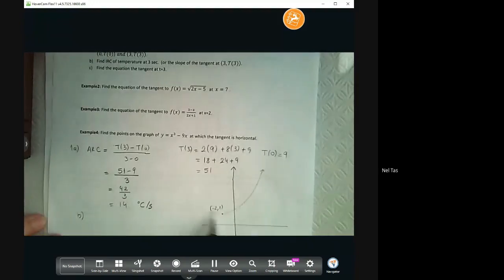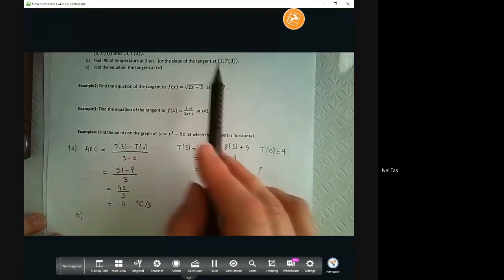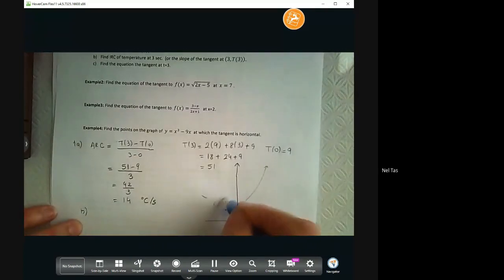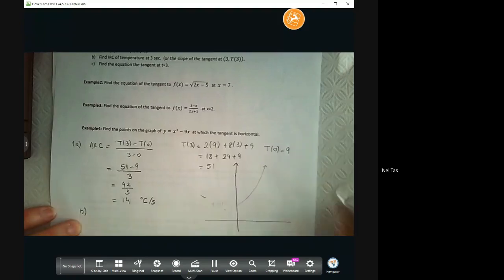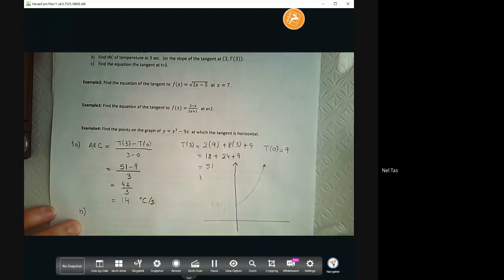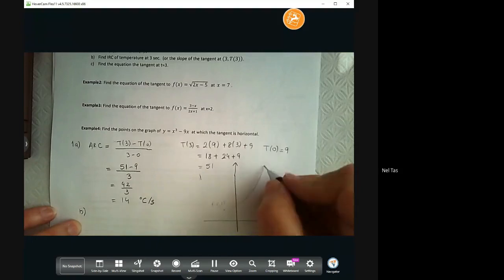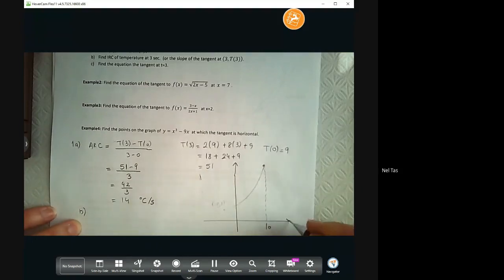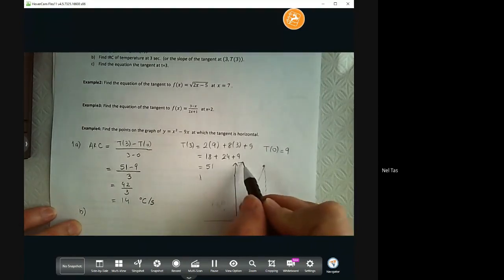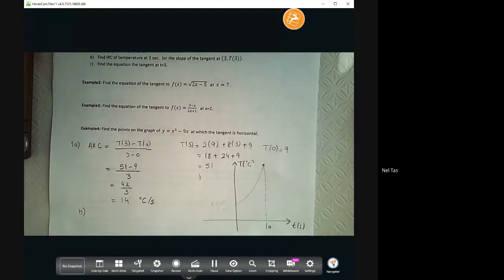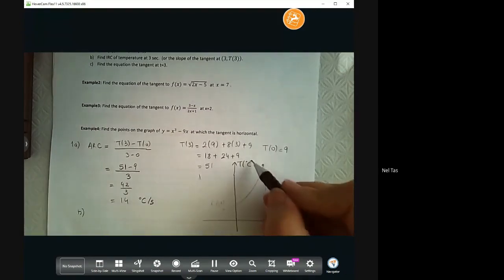And of course, you have the left side too. However, since the domain is between 0 and 10, I can only take this piece; I should not put an arrow there. Here t is in seconds, and capital T is in centigrade degrees. The y intercept is 9.